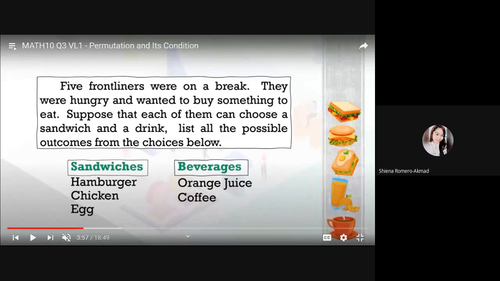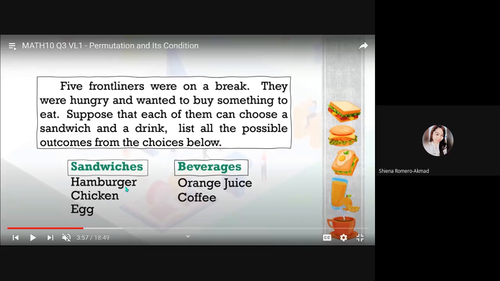6. Why is it 6? Bakit kaya 6? Ma'am, hamburger orange, hamburger coffee, chicken orange, chicken coffee, egg orange, egg coffee. Okay, so ang ginawa ni Ambas is that he paired each sandwich with a beverage.